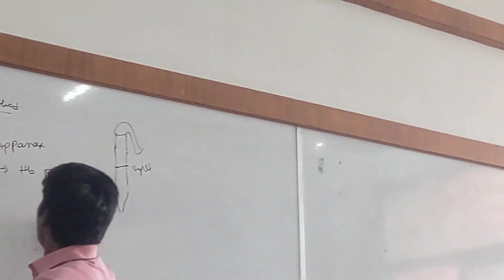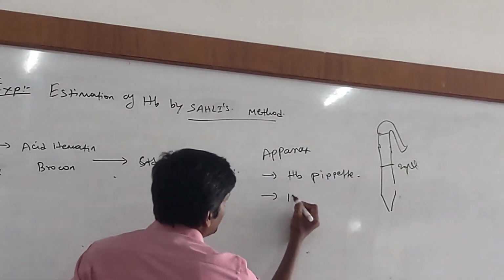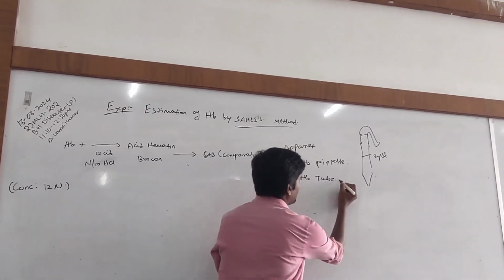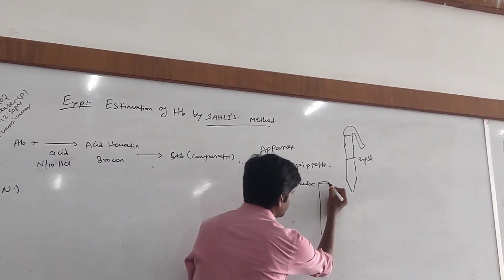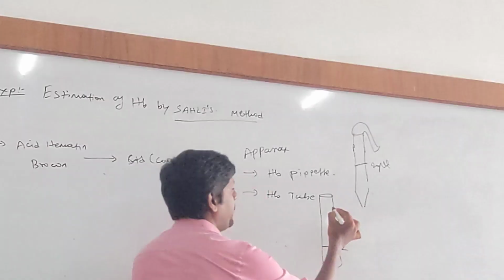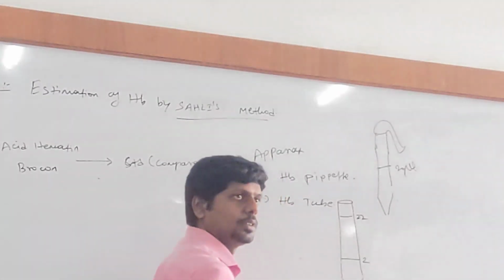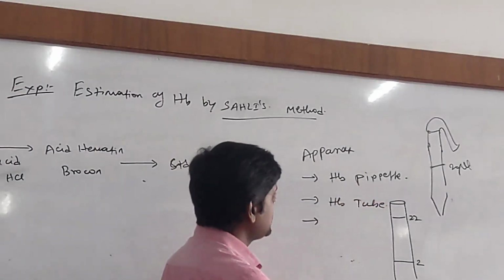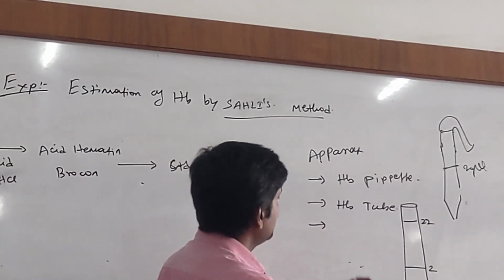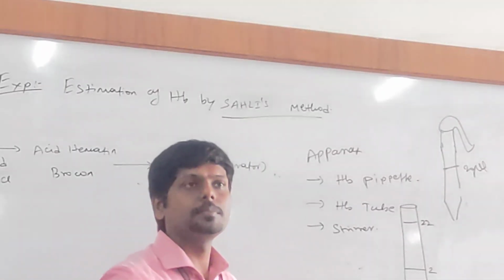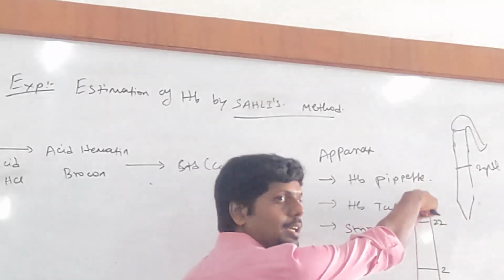Then we have one more apparatus, that is the Hb tube. What are the markings of the Hb tube? Bottom 2, then upper up to 22. Do you remember? Then other apparatus, the stirrer. What is the purpose of the stirrer? To mix the sample, right?